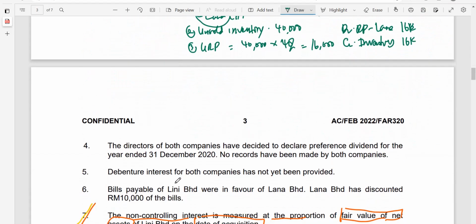This is on dividends. Number 4 and number 5 is on dividends. So it's very important for you to identify whether this is situation 1, both subsidiary and parent have recorded dividend, or is it situation 2, where both have not recorded the dividends and debenture interest, or maybe situation 3.